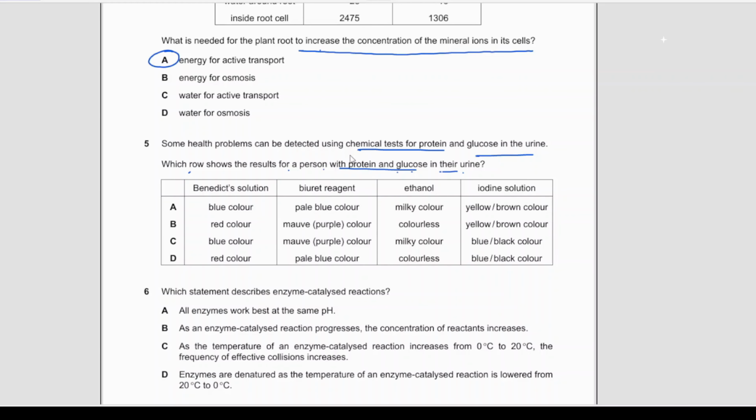Okay, which test? So there is a patient who tested positive for glucose and protein. Which test gives the positive result? Wait.